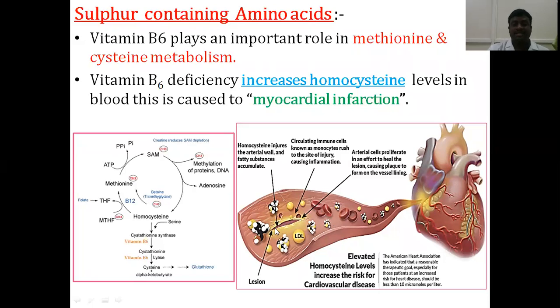Surrounding that lesion, cholesterol and fatty acid molecules attach and form a clump. When this clump forms, it obstructs the blood flow, so this may cause myocardial infarction, also called a heart attack.